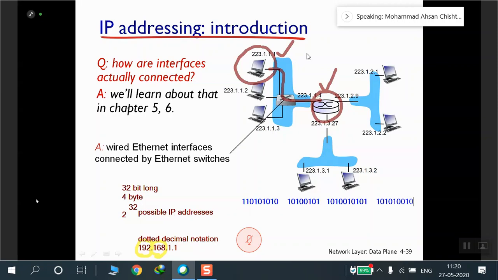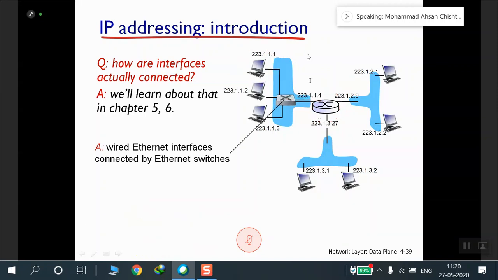Another thing that we see here is that an IP address consists of two parts. This part, and then the second part here. And see something that we have in common here.